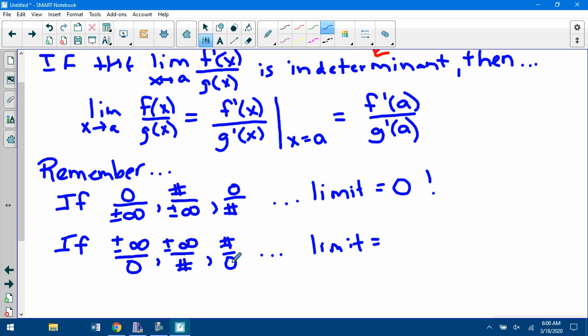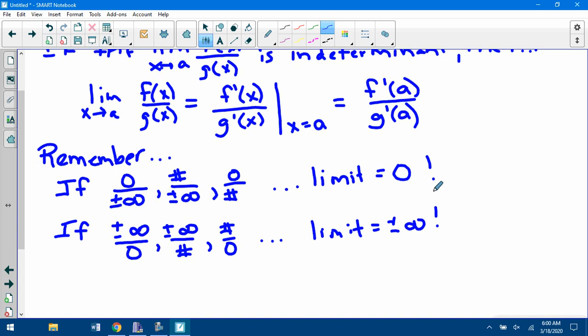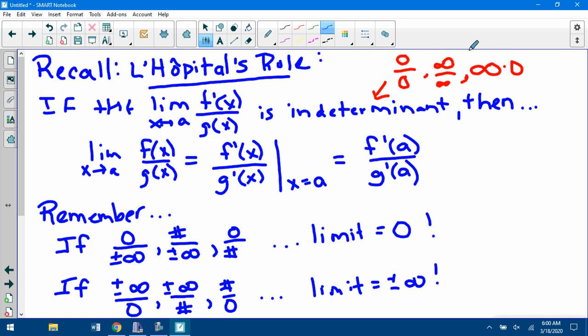If I have like 5 over 0, that probably means I'm at a vertical asymptote, so I'm either shooting up or shooting down forever. So the limit would be plus or minus infinity in all those cases. Okay, so again, the only 3 indeterminate forms when we actually use L'Hopital are these ones in red up here. Every other incarnation of it has a limit that we can say right away.